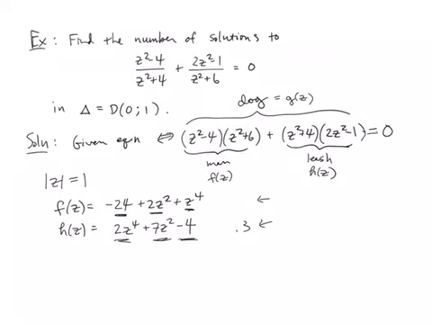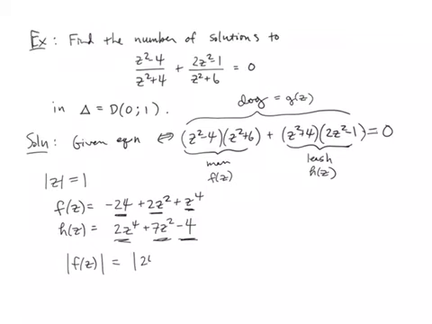And to make this more precise, we can say that the norm of f of z, so we want to estimate this from below. We want to say that f is bigger than h in norm.